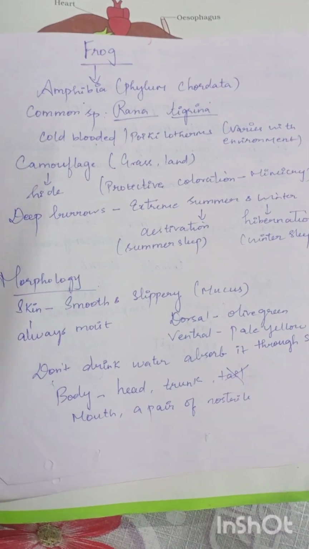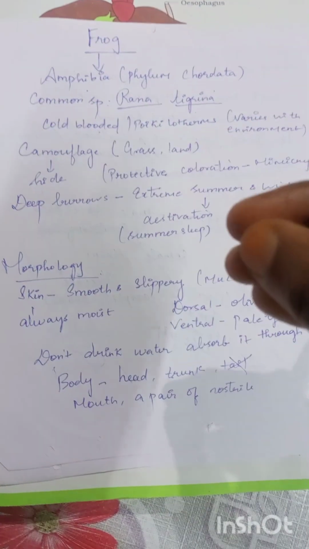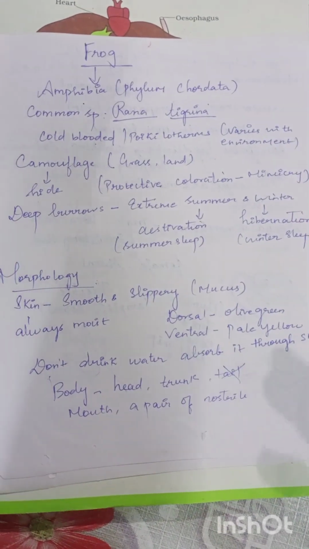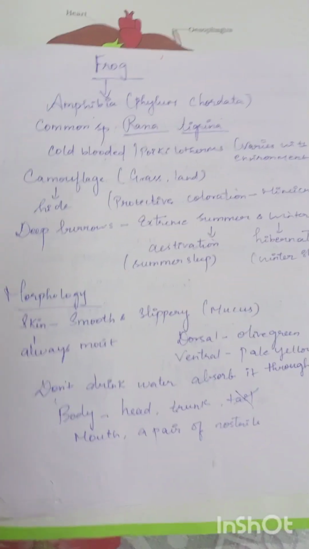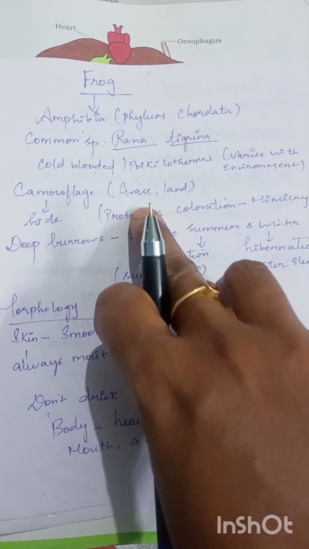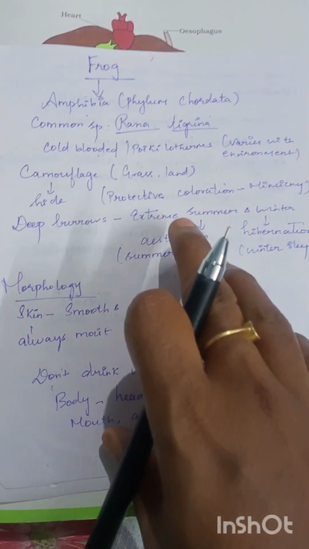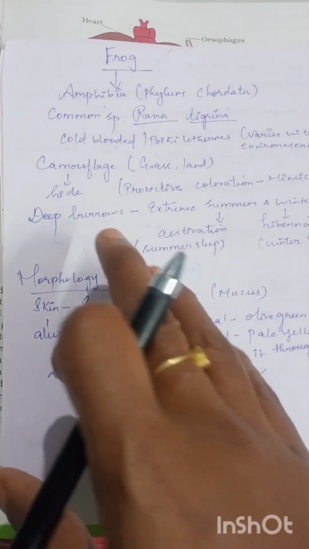Frogs usually have a characteristic, that is camouflage. The skin color will change, that is the skin will do a mimicry so that it can hide itself comfortably in grass or on land. So it is a protective mechanism against the predators.